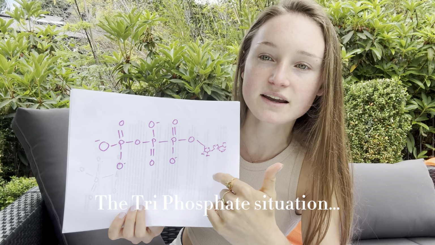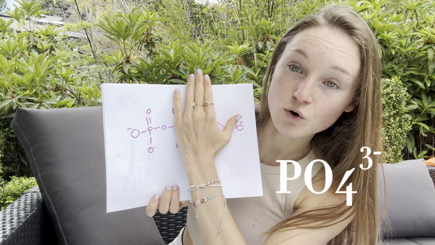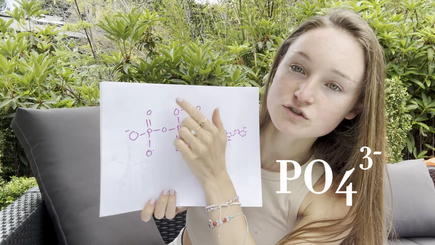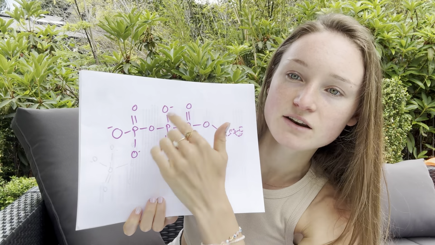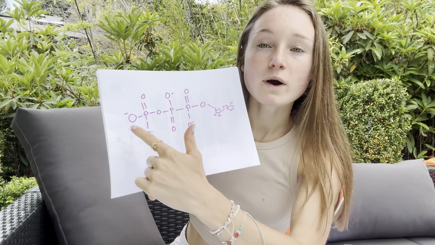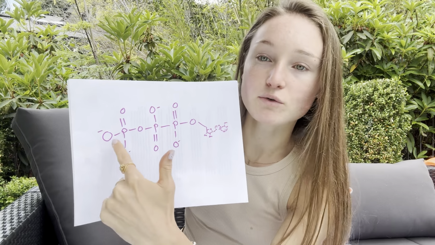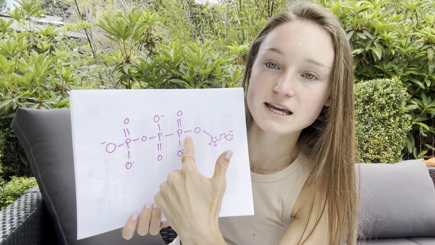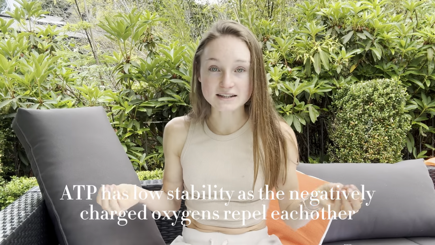Here's what a phosphate molecule actually is. It's PO4 3-, so 1 phosphorus, 4 oxygens, and then 3 negative charges. When you start putting these phosphates together, phosphate, phosphate, phosphate, having these negative charges so close together is very unstable.